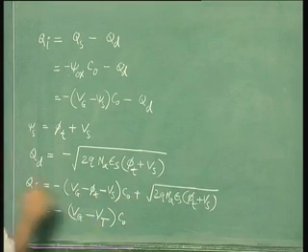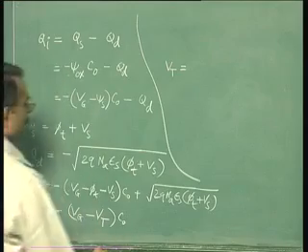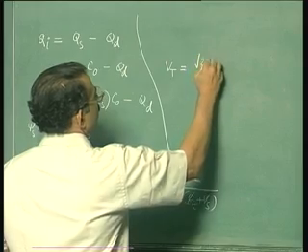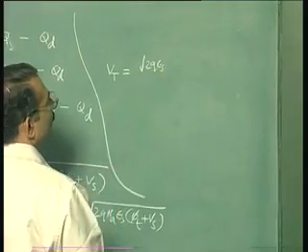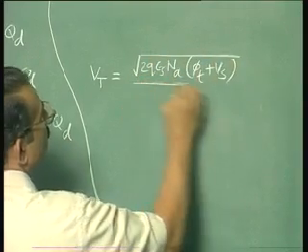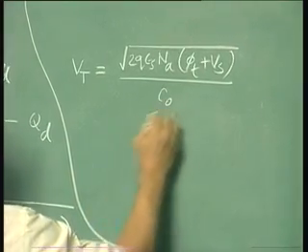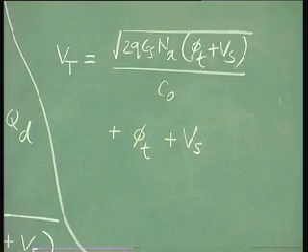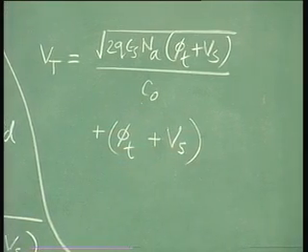From this equation you can see that this Vt is equal to square root 2q epsilon s Na into phi t plus Vs upon C naught, plus phi t plus Vs, where the first term is the so called potential drop in the oxide and this quantity is the potential drop in silicon.